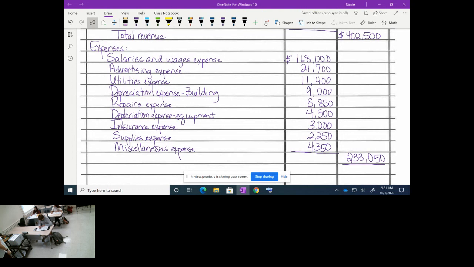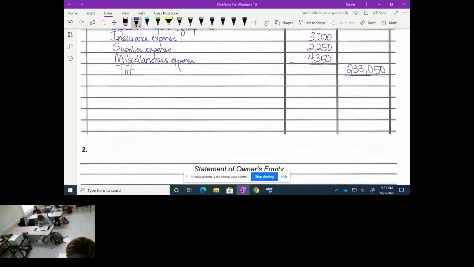We have net income. So first, let's put our total expenses label on here. And then we'll show our net income. How much is it? 169,450. 169,450? Yeah. All right.